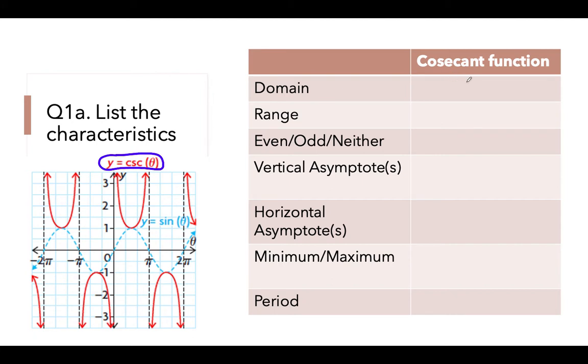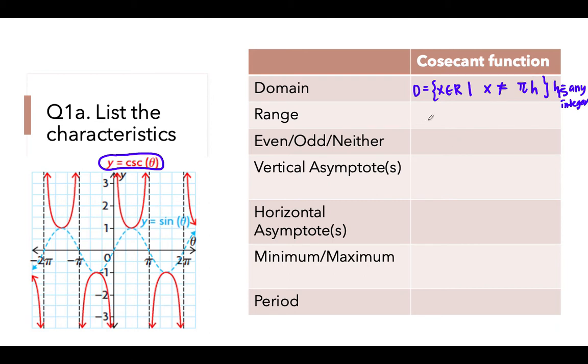Domain: x can be any real number, except there is a vertical asymptote at every pi. So we could say the domain is x can be any real number such that x cannot be pi times h, where h is any integer.